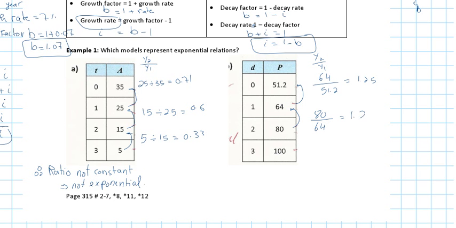And 100 divided by 80, that's going to be 1.25. So if I look at this, this is the growth factor or the ratio.